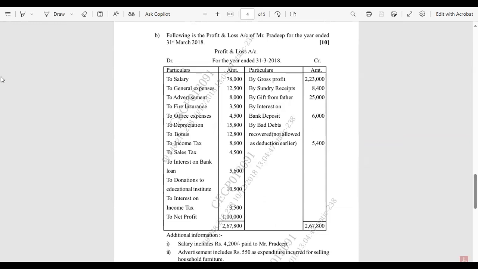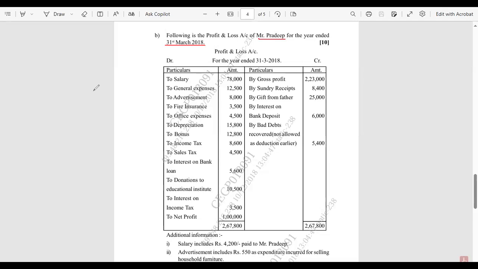So we have Mr. Pradeep's account and the year ended 31st March 2018. So we'll write in the books of Mr. Pradeep, calculation of income from business and profession for the year ended on 31st March 2018.